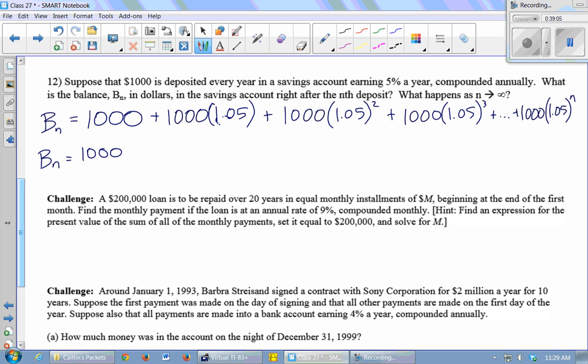Oh, maybe I'll write down the formula and then plug in. A times 1 minus x to the n over 1 minus x. So this is 1,000 times 1 minus 1.05 to the n over 1 minus 1.05.